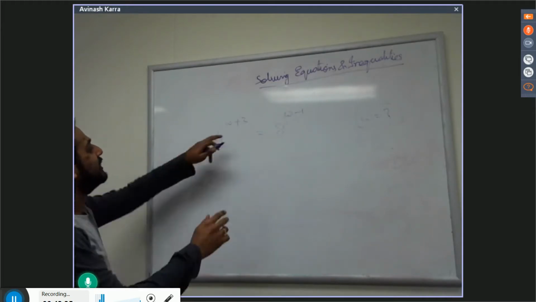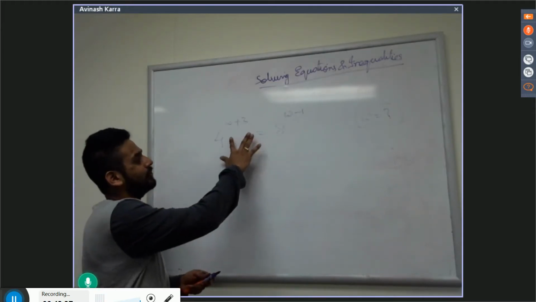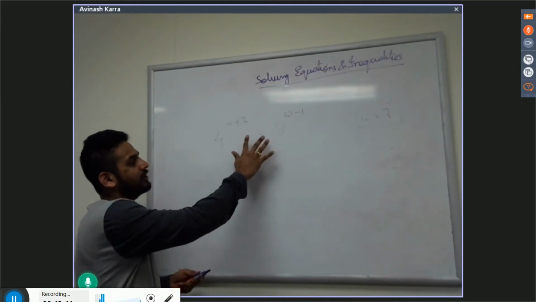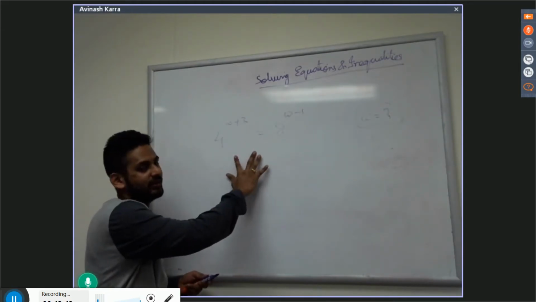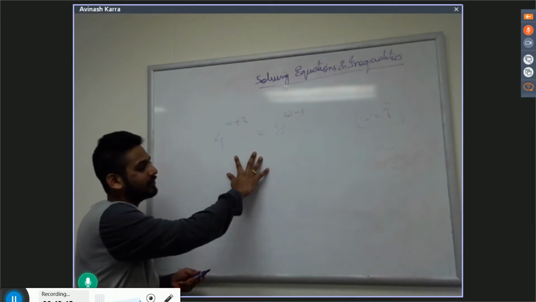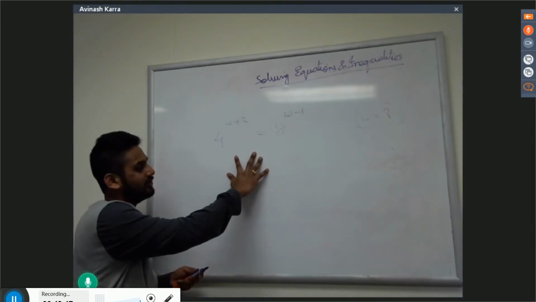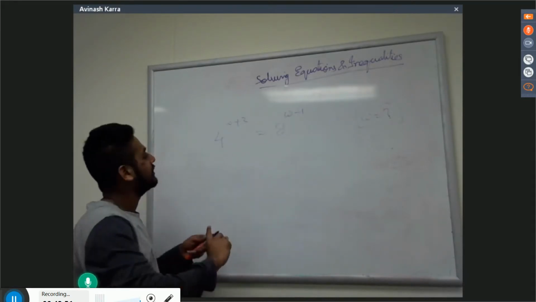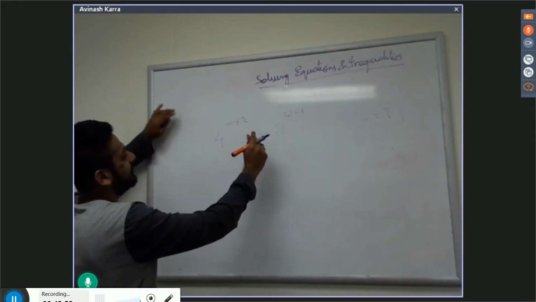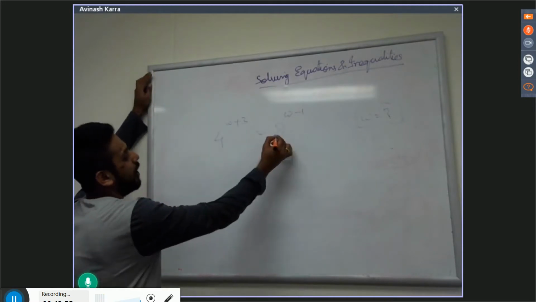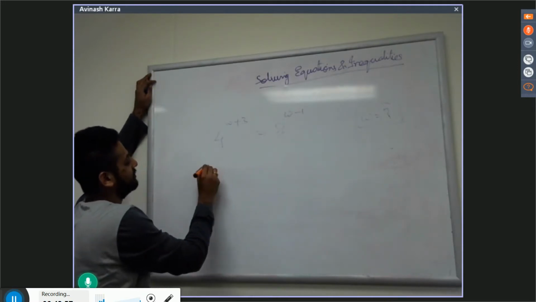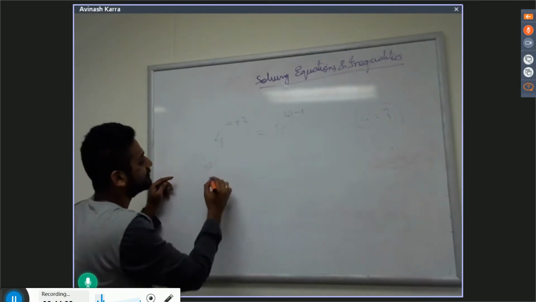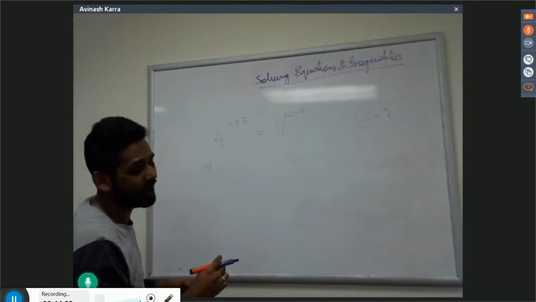To find the w, first what I need to do? To make the powers equal, first the bases should be equal, right? To make the base equal, how to make the base equal?